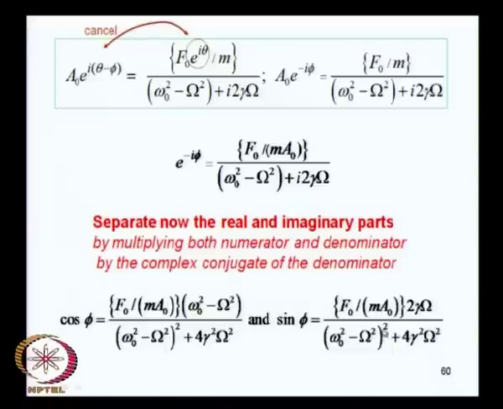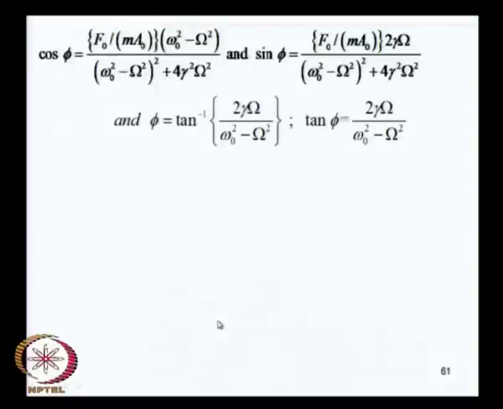So, you have equated the real parts and the imaginary parts, and now from the ratio of sine phi to cosine phi, by taking the inverse tangent you get the angle phi itself, which is this ratio, and this depends of course on damping.